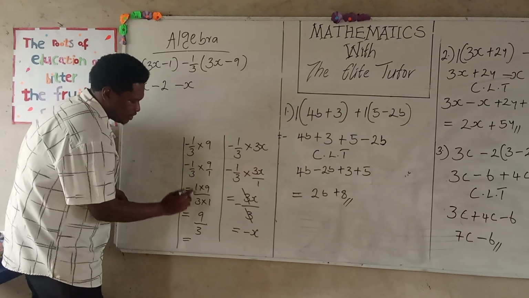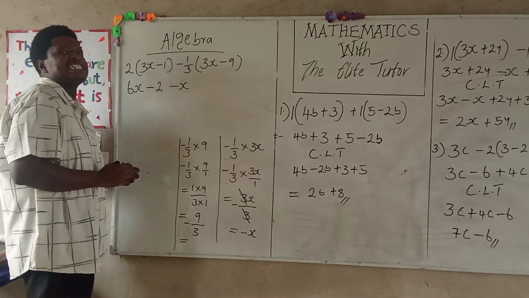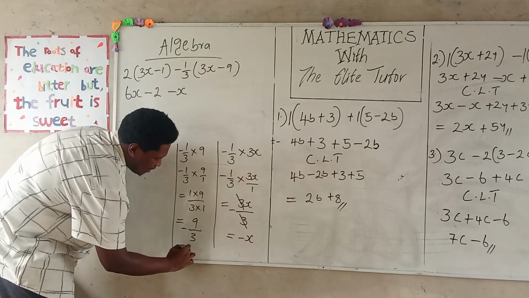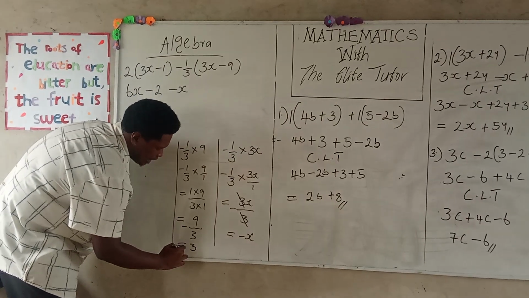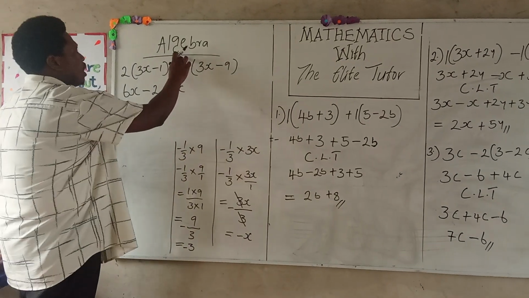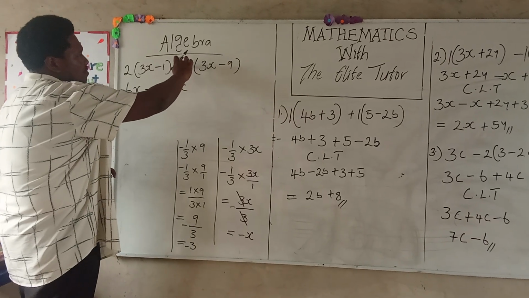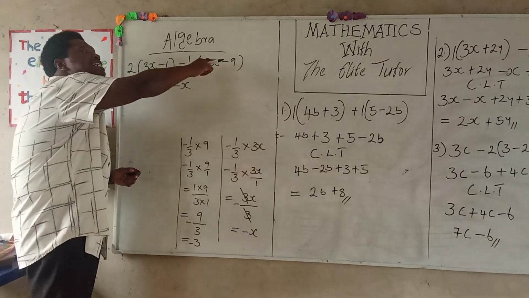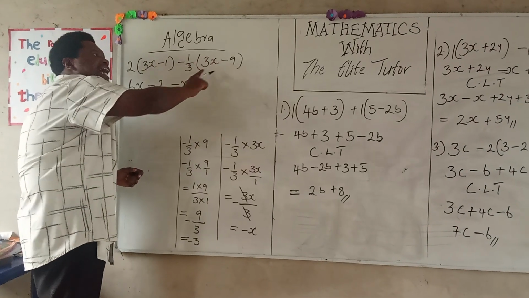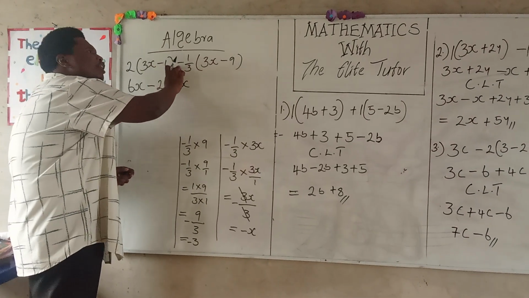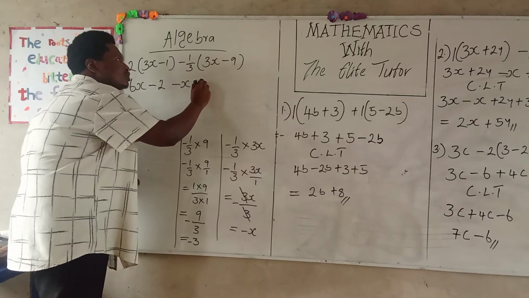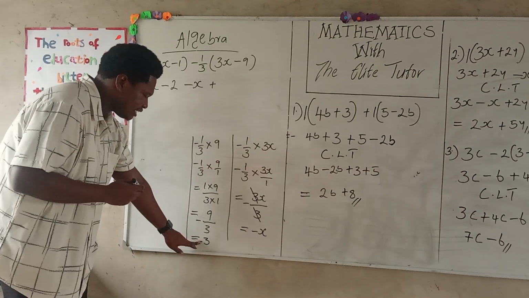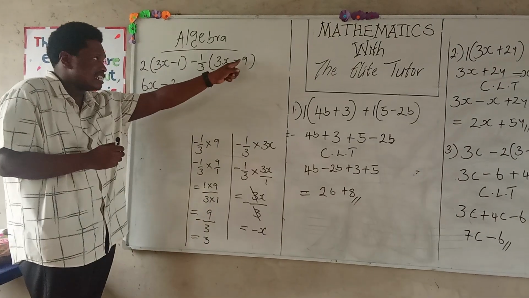So don't forget the minus sign. 9 divided by 3, we are going to have 3. Now also what we didn't look at for now is the negative sign.